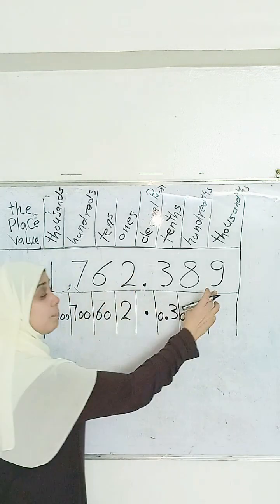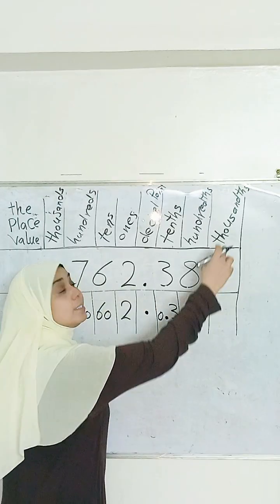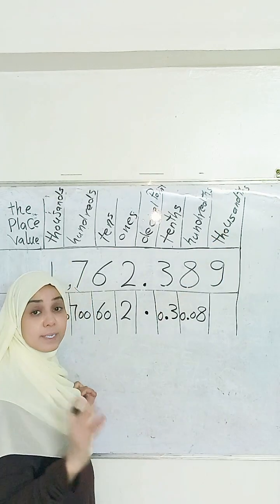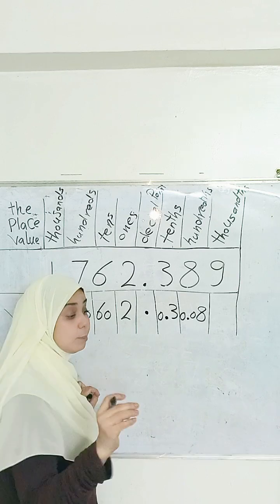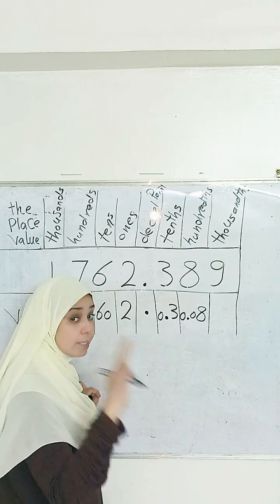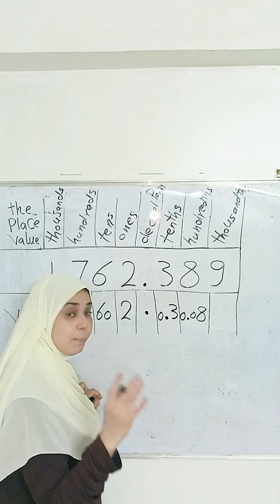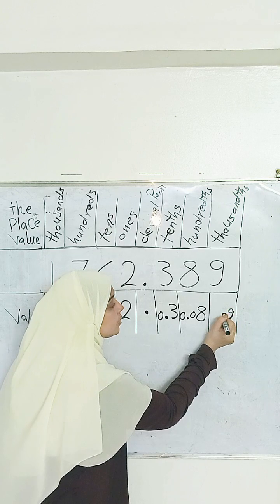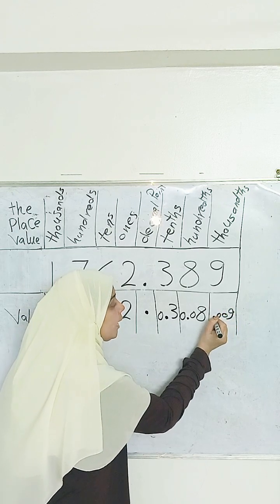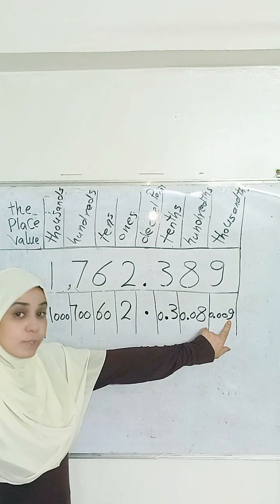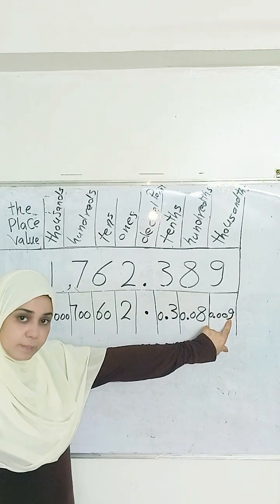What about 9? Yes, 9 thousandths. How do we write 9 thousandths? We said before, thousandths is the third house after the decimal point. So 0.009. Okay?